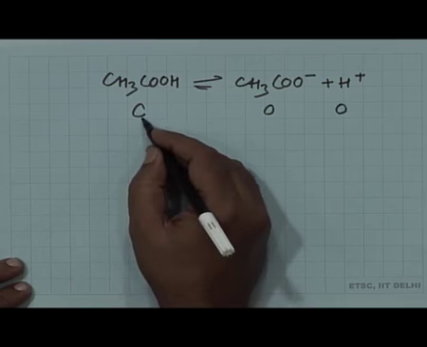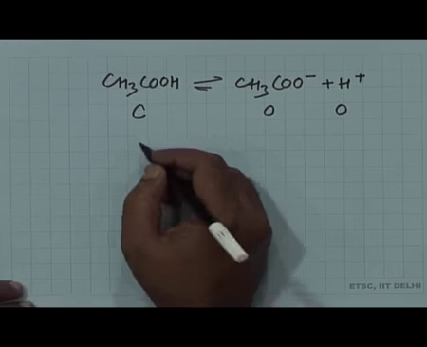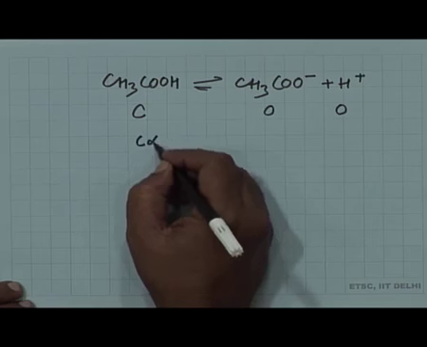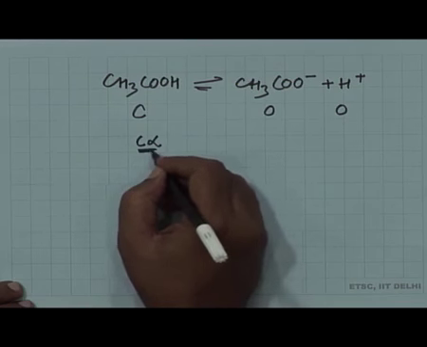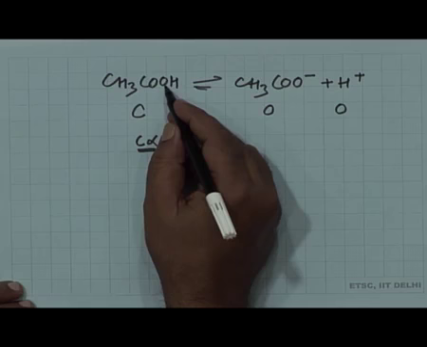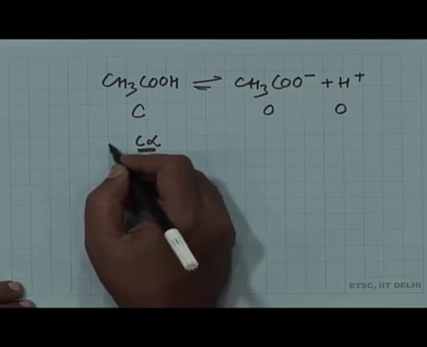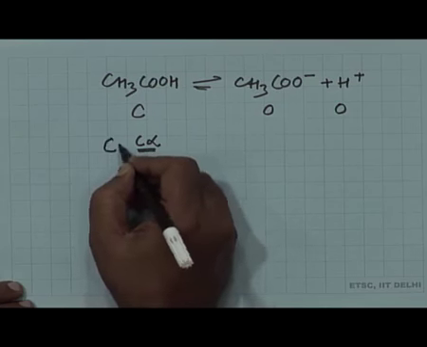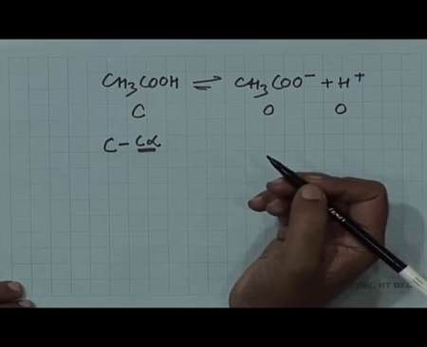So, if alpha is the number of moles per total mole of acetic acid, then C alpha is the used acetic acid. And so, we can simply write the remaining acetic acid as C minus C alpha.